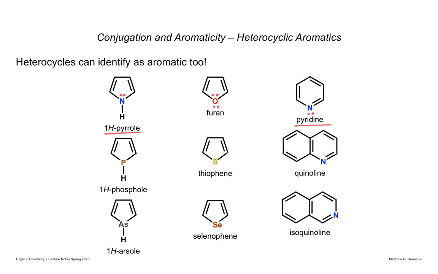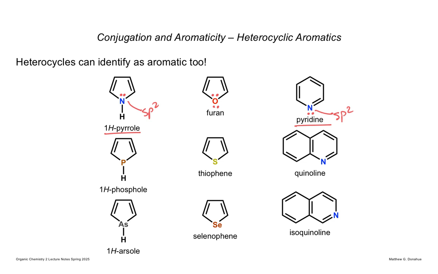Just as a question to you now to think about, what do you think the hybridization of that nitrogen is? What does it look like originally? It looks sp3. And then for pyridine, what does that look like? It turns out they're both sp2 hybridized.